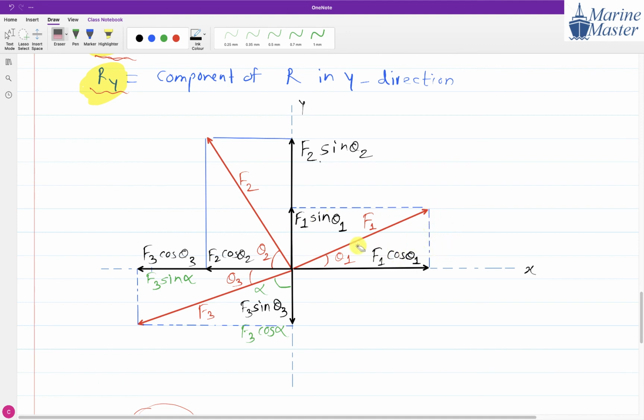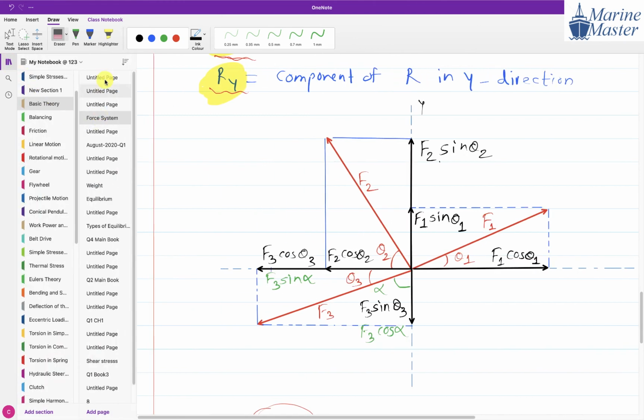So we are considering the opposite side, that is sin theta. Okay, understood.